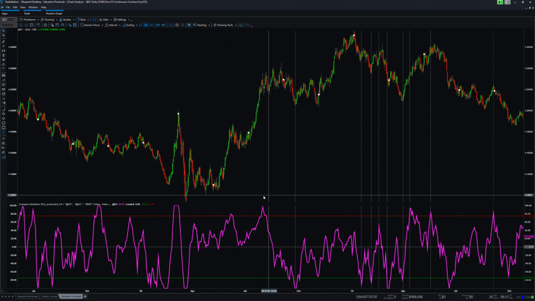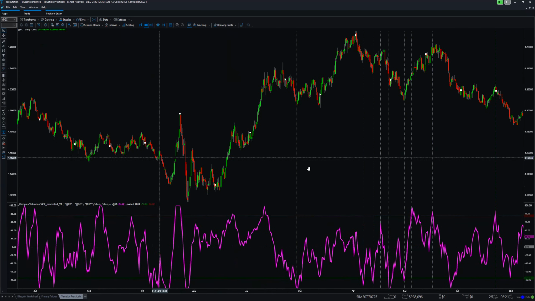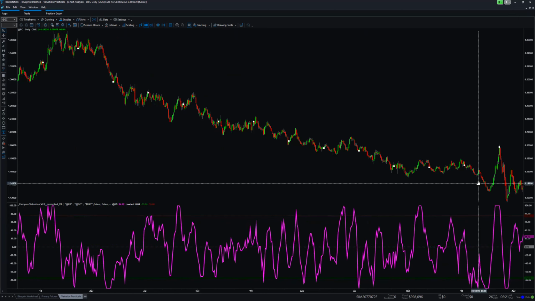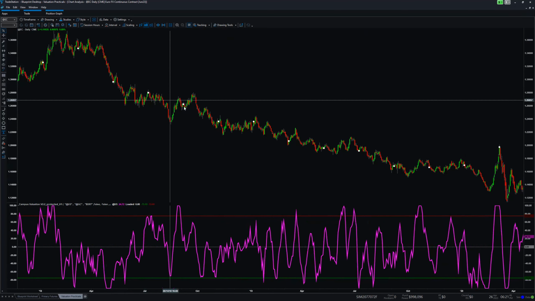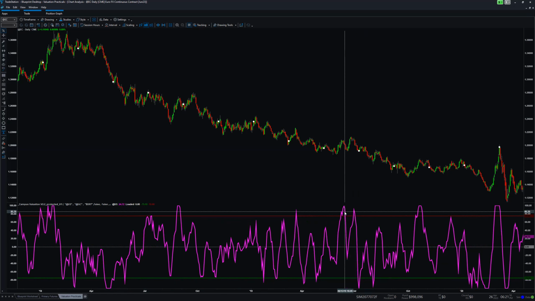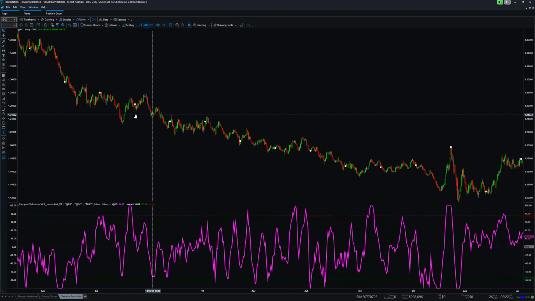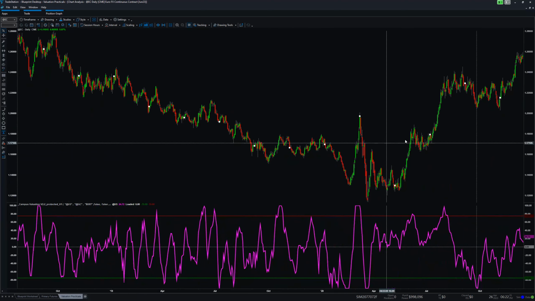If you continue to look at this, you'll notice across the board, regardless of how far back you go, if you have strong trends in place and you're applying this to strong trends, then most of the time, not quite 100%, but most of the time, these areas end up being good sell areas.